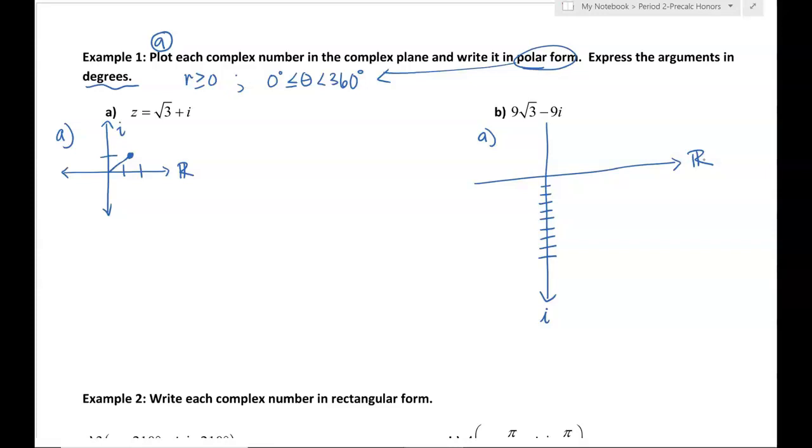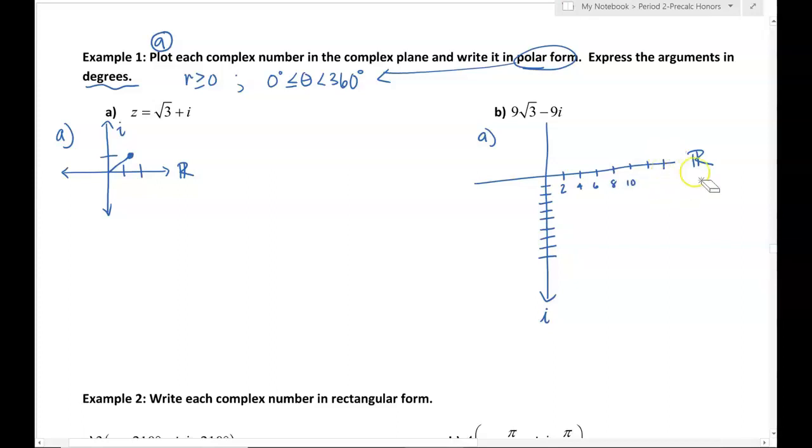So 9 rad 3, let's see. I'm probably going to rescale my x-axis. So I'm going to rescale it, guys, by 2, 4, 6, 8, 10, 12, 14.